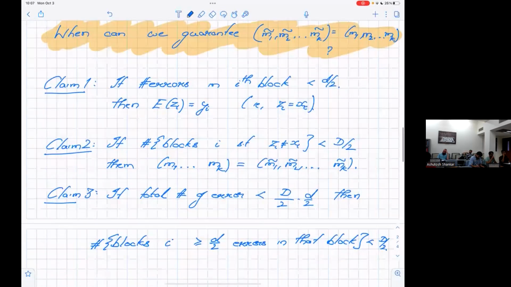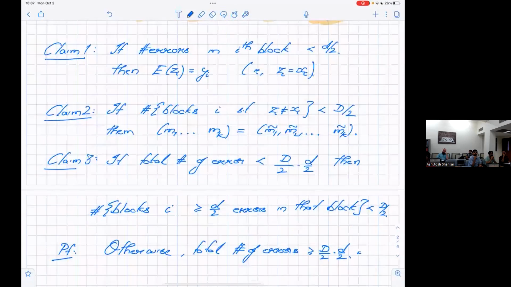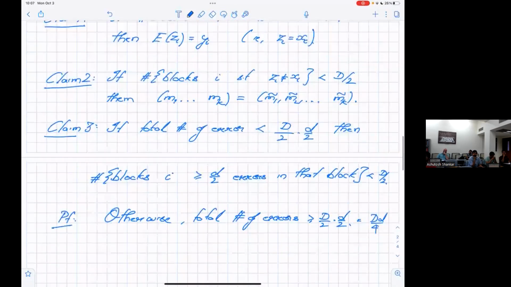Do you see that? Yes. Because otherwise the total would be at least D by 2 times d by 2, and that's a contradiction, because you assume the total number of errors is less than dD by 4. Fair enough.